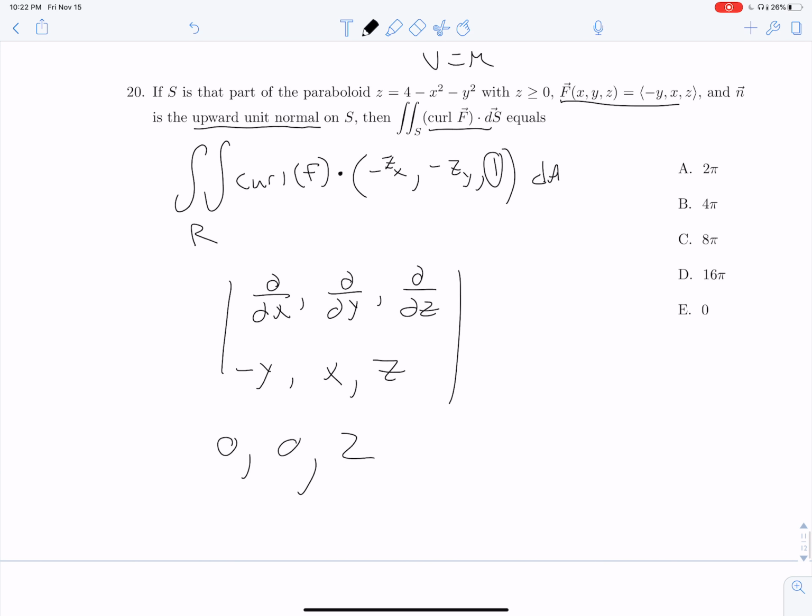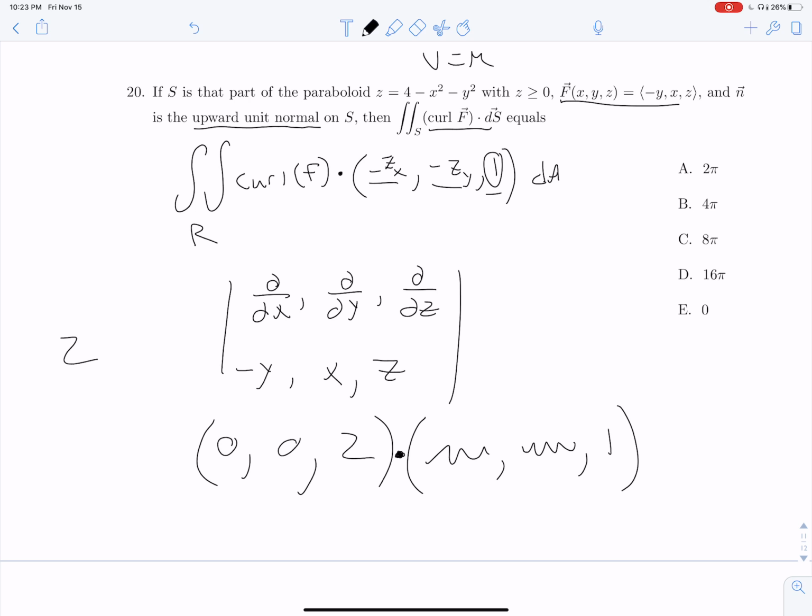So 0, 0, 2 dotted with negative zx, negative zy, 1. It doesn't matter what zx is, doesn't matter what zy is, because we're dotting those with 0 each. So whatever, whatever, and 1. And that dot product is going to be equal to 2.